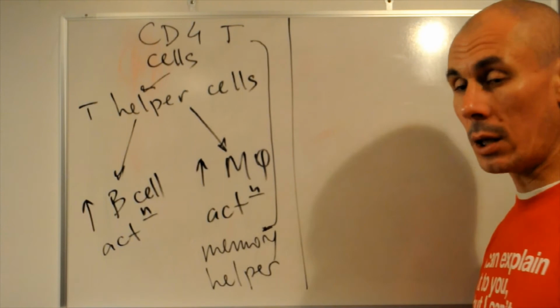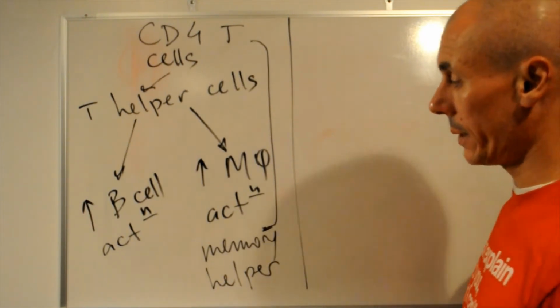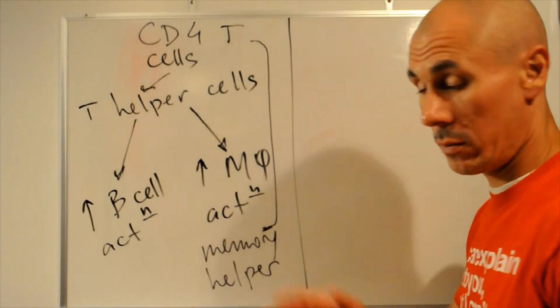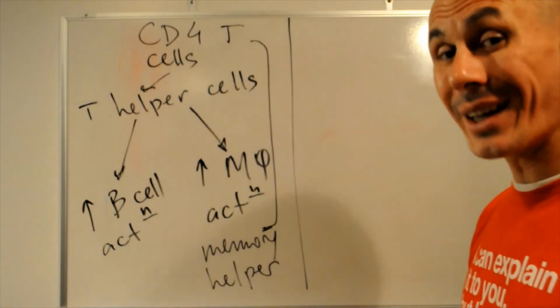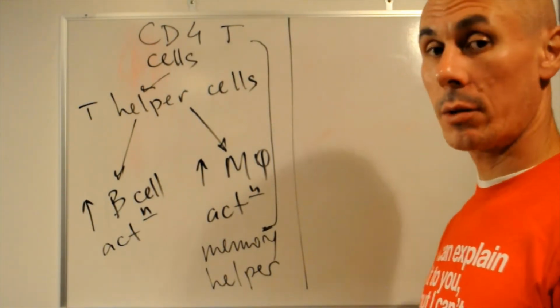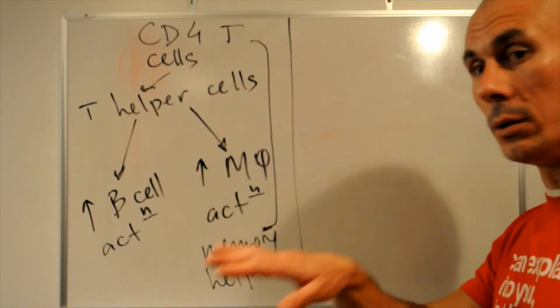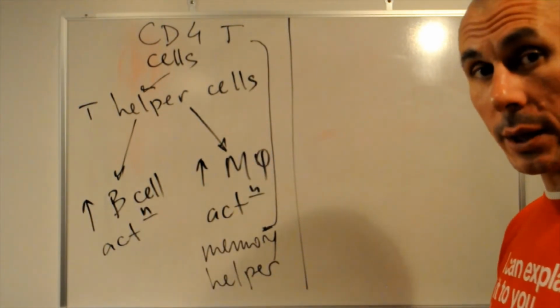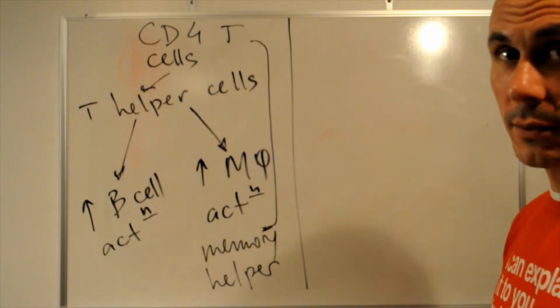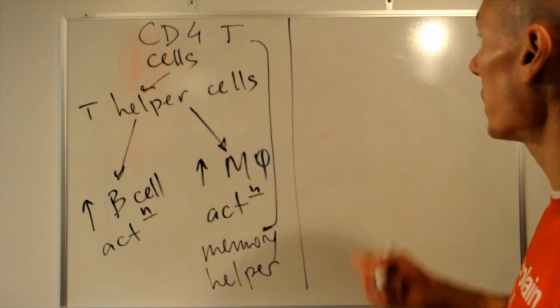And they also can become T regulatory cells. I'm not going to put them on the scheme, but they are going to be there. So T regulatory cells are responsible for downplaying the immune response, controlling it and limiting it. Without T regulatory cells, you would have massive amount of autoimmune responses.